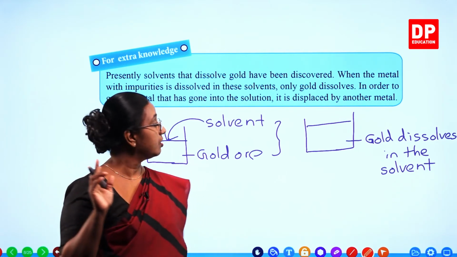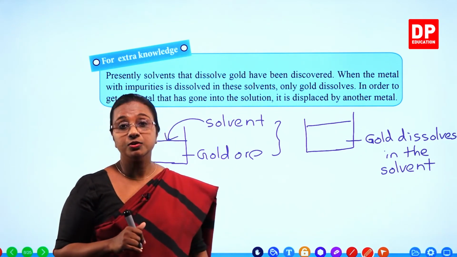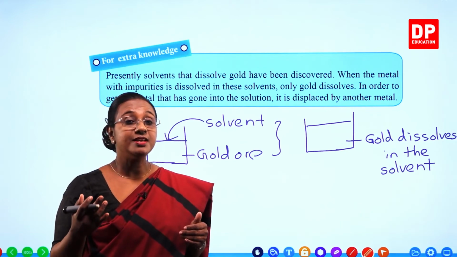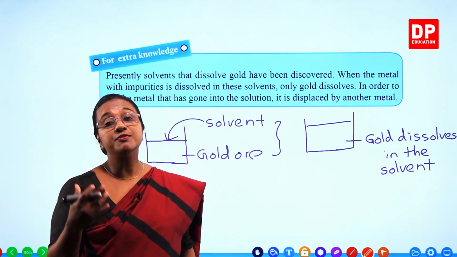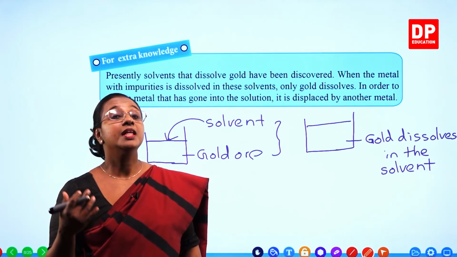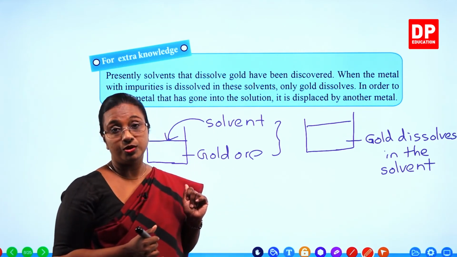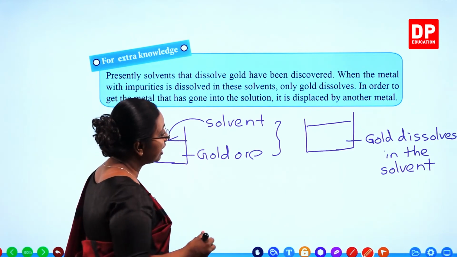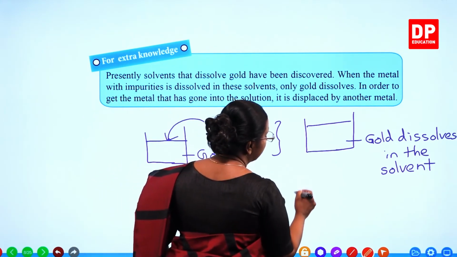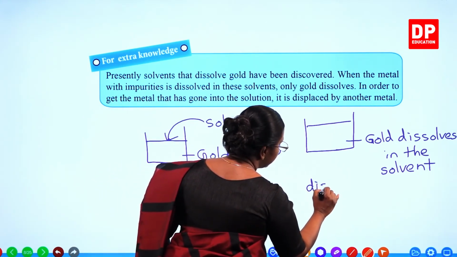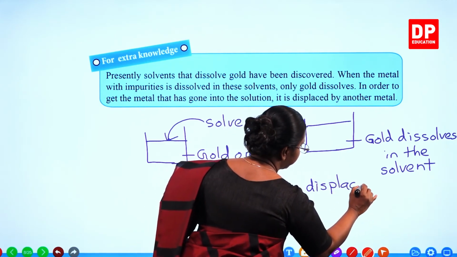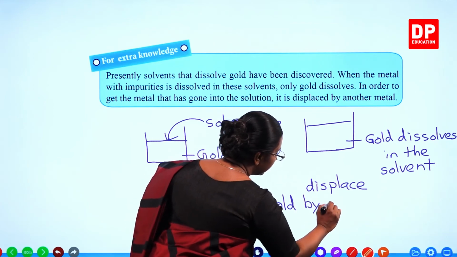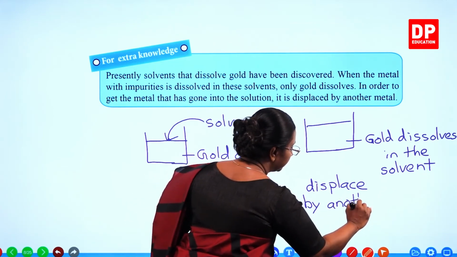Then there are other solvents recently found, cyanide of sodium or potassium, which can also dissolve gold. Then you have the gold dissolved in the solvent. Thereafter we displace gold using another metal.